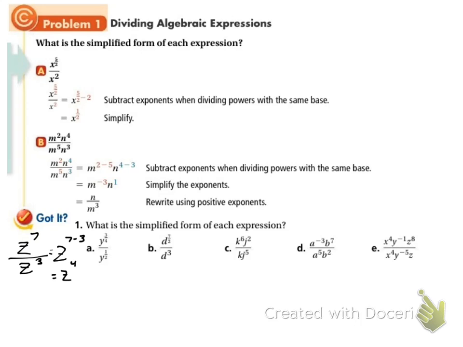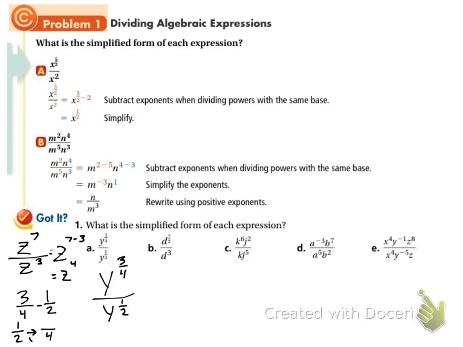You just subtract. So if we look at a here, I've got y to the 3/4 over y to the 1/2. So I need to do 3/4 minus 1/2. Well, to subtract fractions, I need to have common denominators. So I need to change 1/2 so that it has 4 in the denominator.